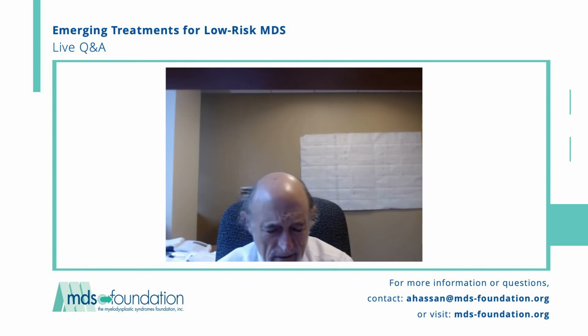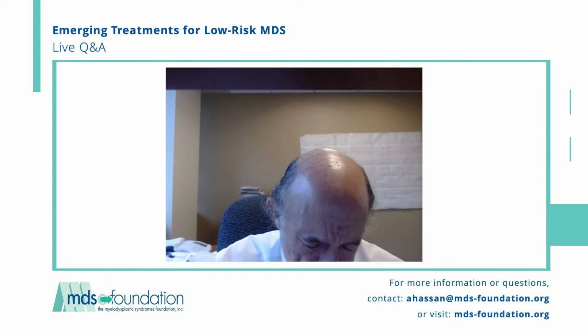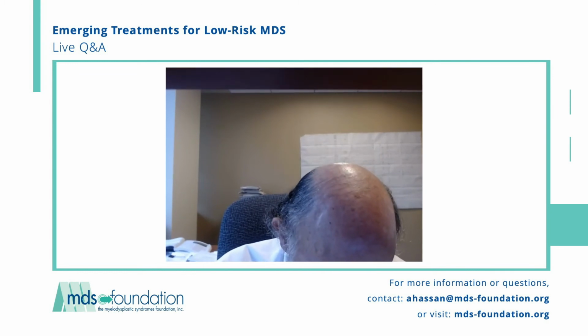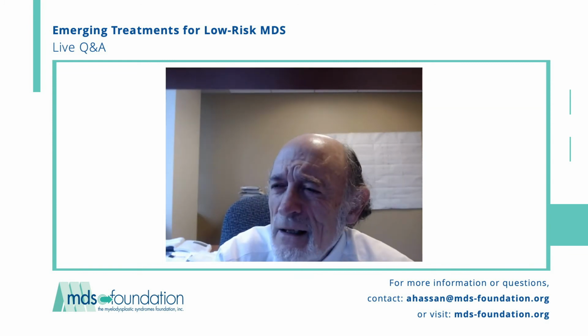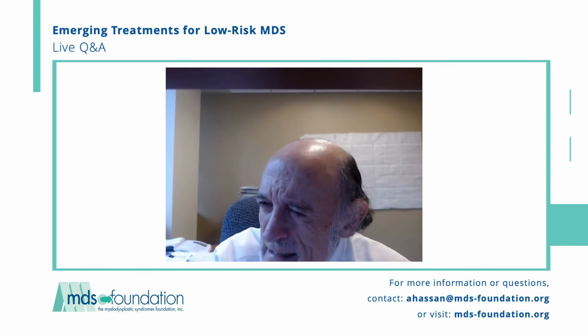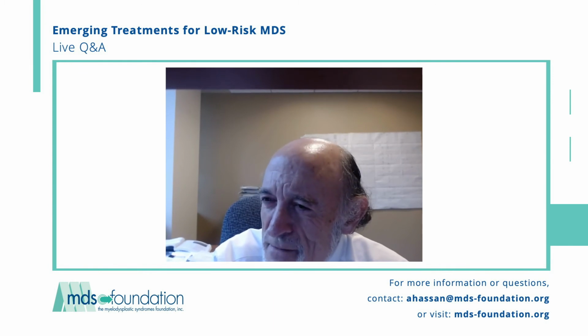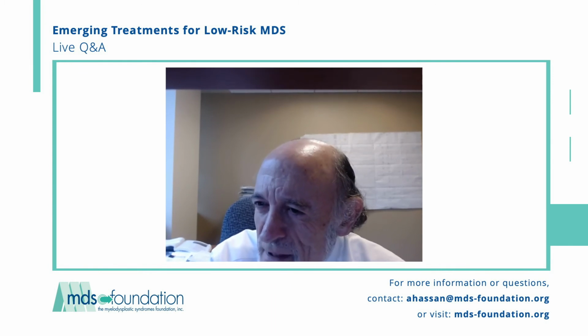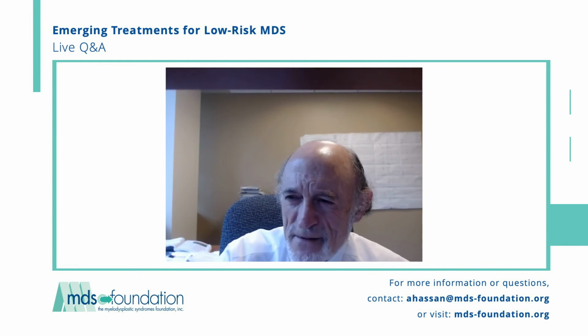I'm not sure what treatment you're receiving, but I think that answers your question. It's not as frequent as straight MDS, but for every 3 to 4 MDS patients, we may see a patient with this overlap type syndrome.